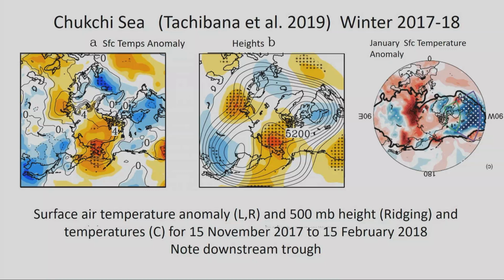This ridge acts with a climatological west coast ridge and sets up a ridge trough pattern over North America. This can lead to cold temperatures over the eastern and central U.S. as shown in the right panel, and this is the warm Arctic cold continents panel.